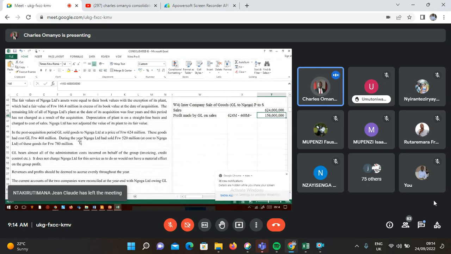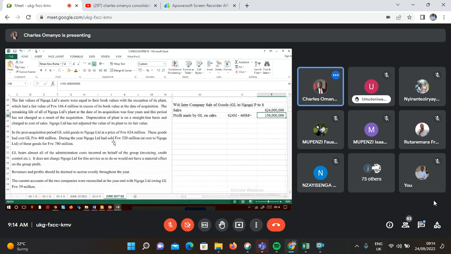But now there is a tricky part here. Let's read it carefully. During the year, Ngonga Limited had sold 520 million at cost of these goods for 780 million. There is some English there. Let's read it again. During the year, Ngonga Limited, remember Ngonga was the buyer, had sold 520 at cost. So what is the cost to Ngonga between 624 million and 468? Can somebody answer me?